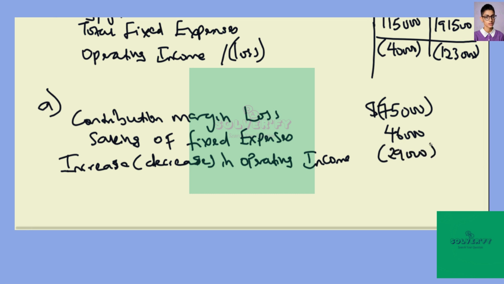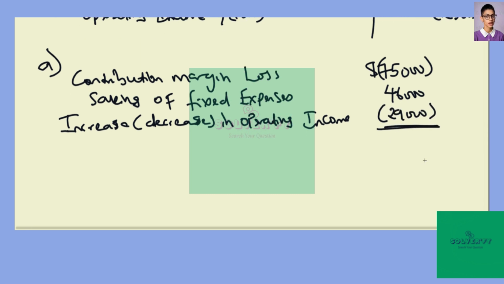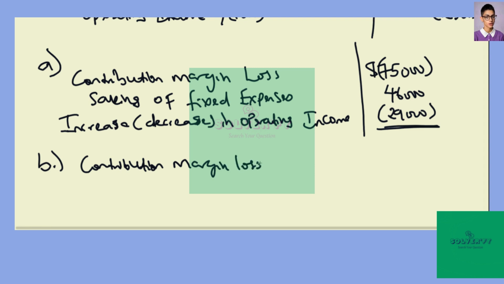So for division B, the contribution margin loss is 68,500. The savings of fixed expenses is 76,600.